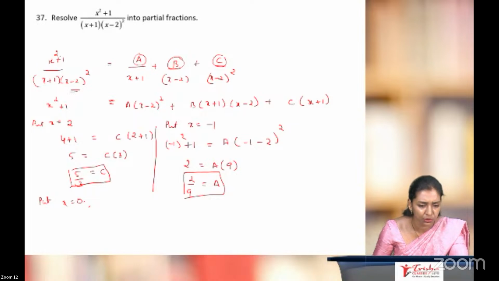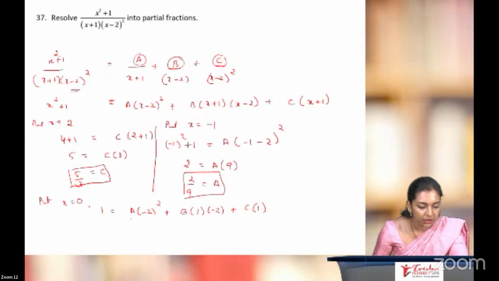As you put X equal to 0, just look what happens here. On the left hand side, you got 1 equal to A into 0 minus 2 whole square plus B into 0 plus 1 and 0 minus 2 plus C into 0 plus 1, or 1.